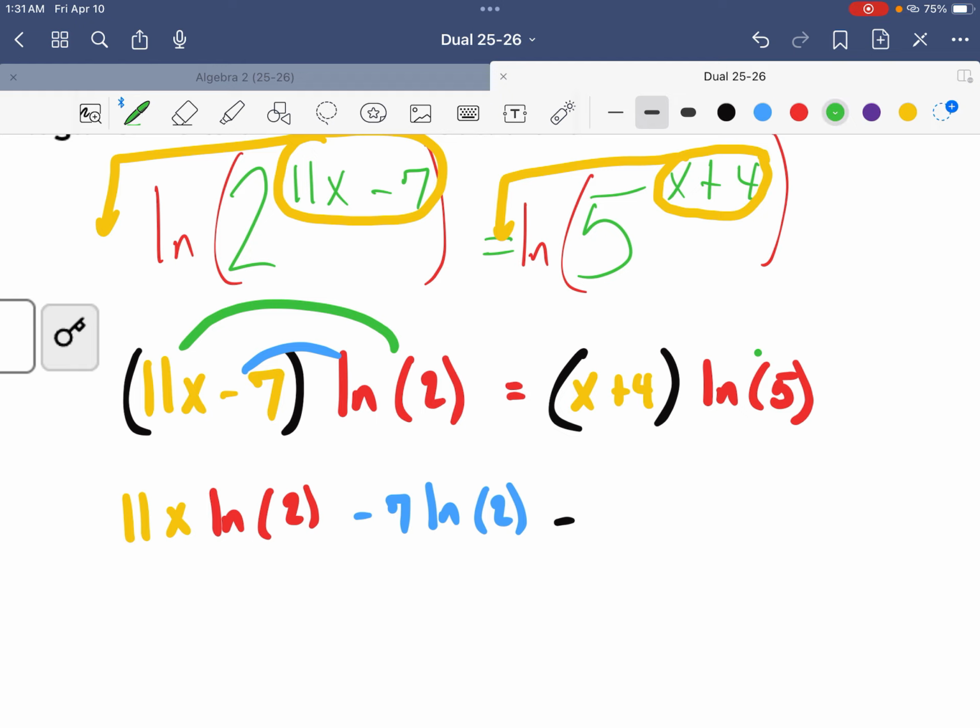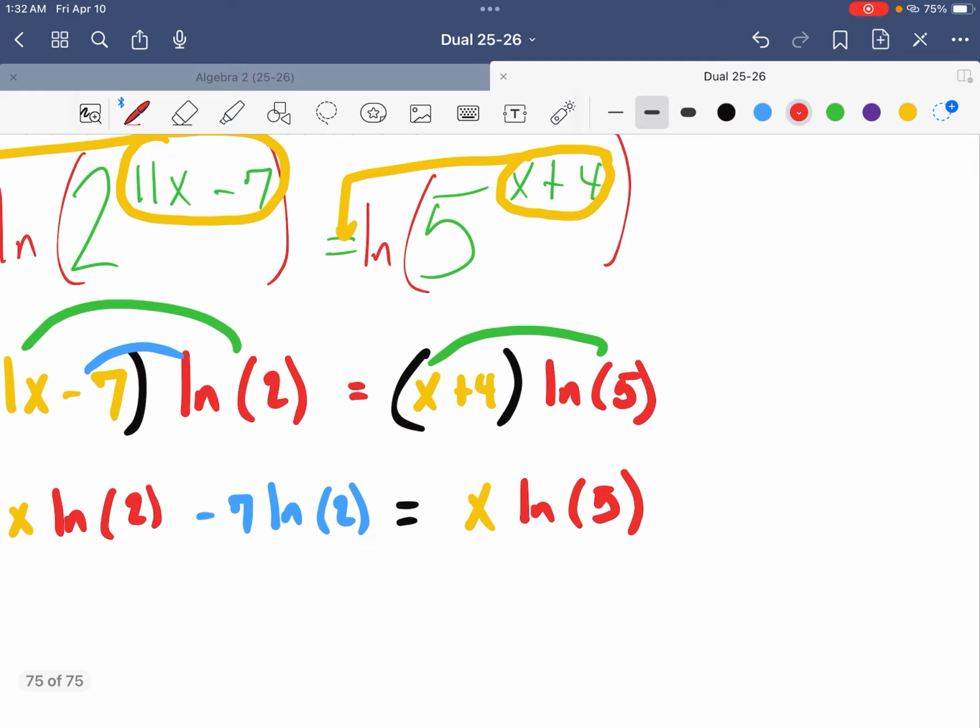You're going to get the ln5 times x, and that's going to give us x ln5. Again, I just multiplied it in. Then I have a plus sign. Multiply 4 times ln5. So that would be 4 ln5.